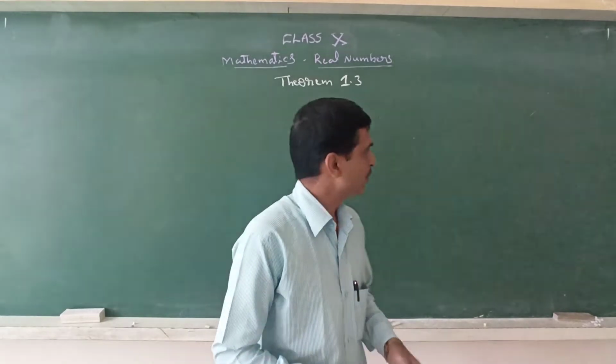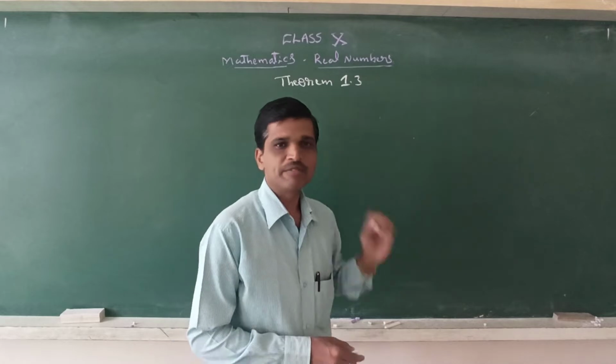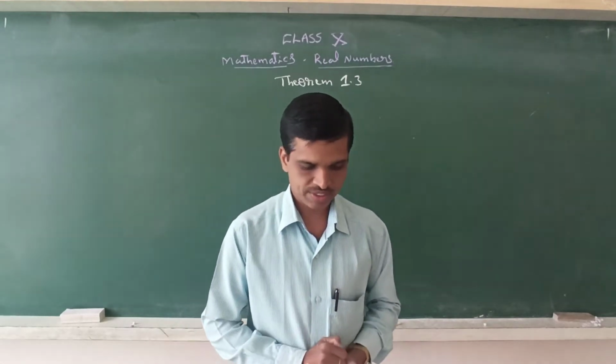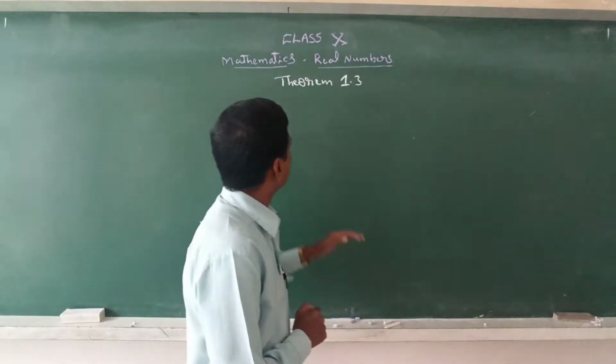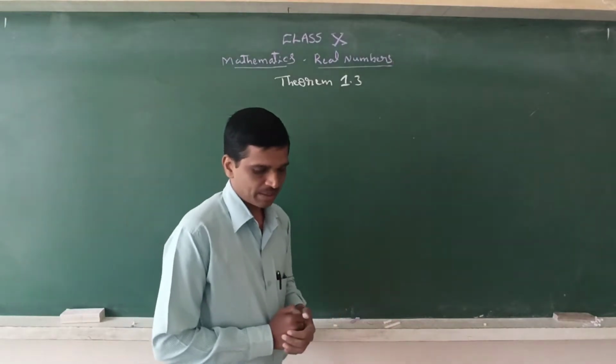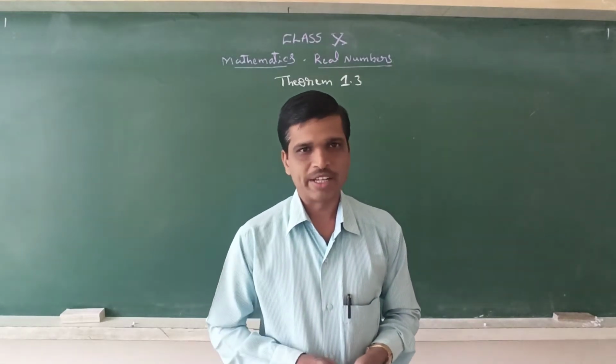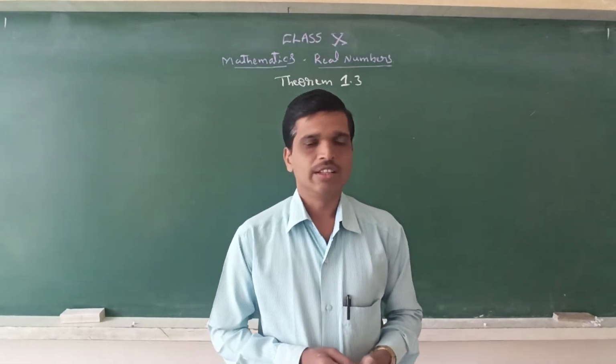Today I am continuing the chapter Real Numbers, in which Theorem 1.3 and its problems. Theorem 1.3 is basically from the Fundamental Theorem of Arithmetic, which I already discussed in the previous class.